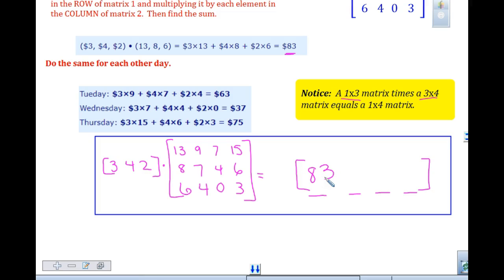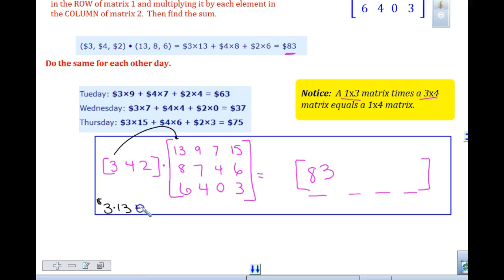Okay, let's do this together. You're going to take 3, and if we look at this, we're going to take this whole thing and distribute it. So you're taking the whole thing. Right below here, I just want you to write that out. We're going to take 3 times 13, right? So the $3 times 13. I did it up at the top.